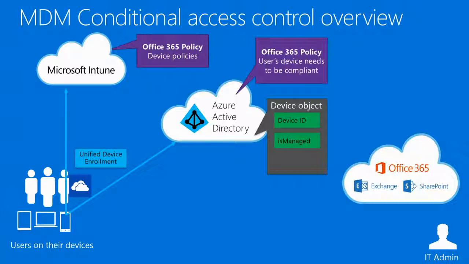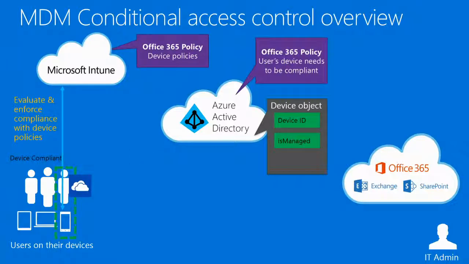Brian mentioned this. We both enroll you into Intune as well as register the device with Azure Active Directory at the same time. As soon as you do that, Azure Active Directory now knows your device ID, and it sets a flag that says is managed. That's not enough, though, to give you connectivity. So Intune knows about you now, and it pushes the policy down to the device.